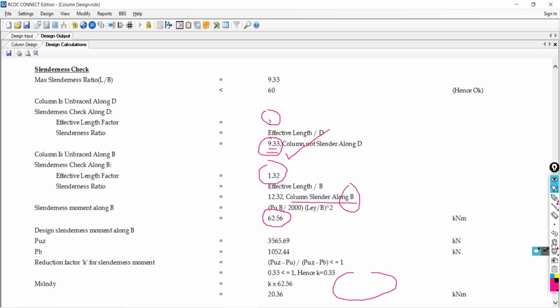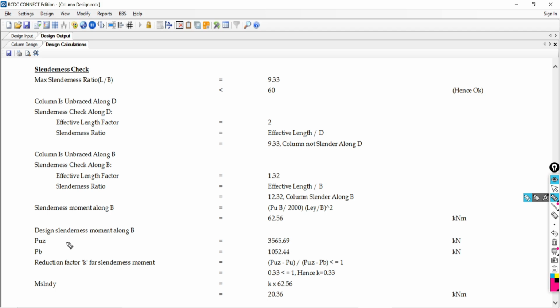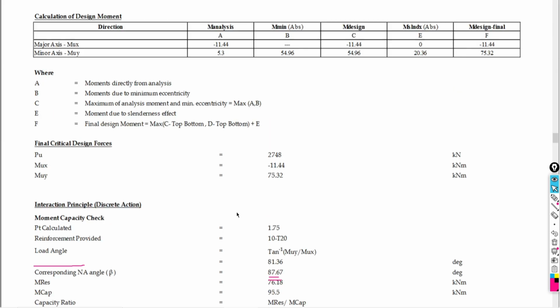Okay, now further, slenderness moment about the width, so it is going to do the calculation. Yes, all of that is going to be done. And the reduction factor, which RCDC calculates as 0.33 about the minor axis. So let me check in our calculation what reduction factor we have calculated. Let me show you.